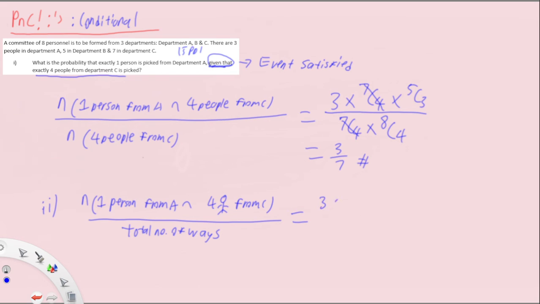So again, we have 3 times 7 choose 4 times 5 choose 3 as from part one. The total number of ways, since there are 15 people in total and we need to choose 8 of them, is 15 choose 8. The answer comes up to 70 over 429, which you realize is actually smaller than 3 over 7, and in fact not even equal to 3 over 7. So you notice that there's a very big difference when a condition is satisfied.